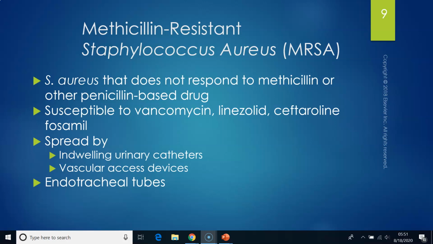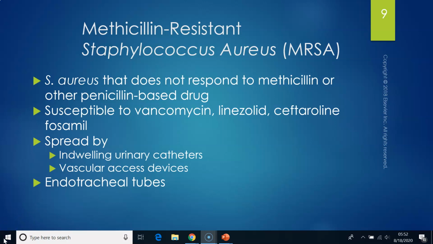Before we talk about MRSA, let's talk about just plain Staph aureus. Staph aureus is a common bacteria found on the skin, perineum, and in the nose of many people. It does not usually cause an infection as long as that person is not immunocompromised and has intact barriers such as their skin.